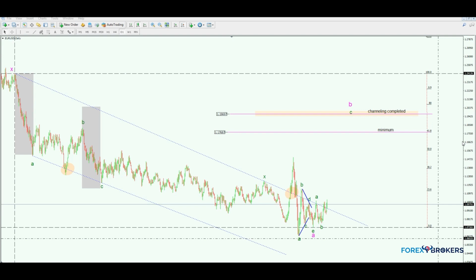This is a live example of a possible double combination. I'm not saying that it is a double combination indeed, but a double combination that follows all the rules.